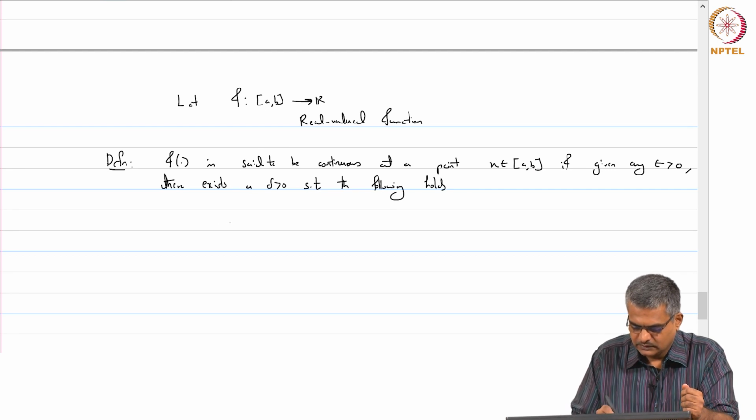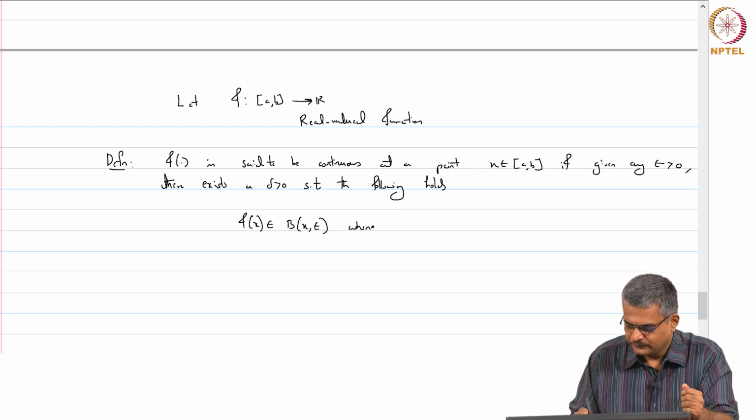What is that? f of x belongs to a ball with center f of x and radius epsilon whenever y belongs to a ball with center x and radius delta.